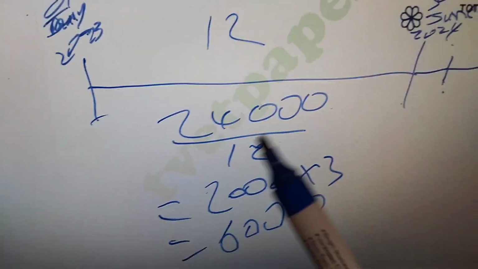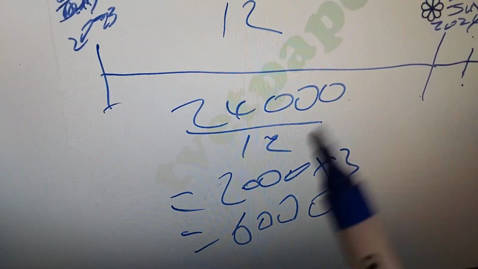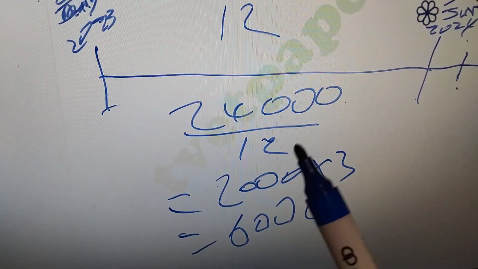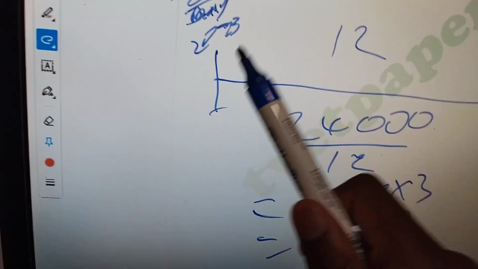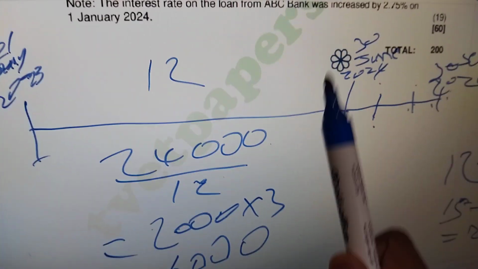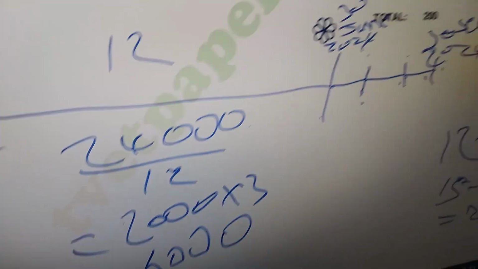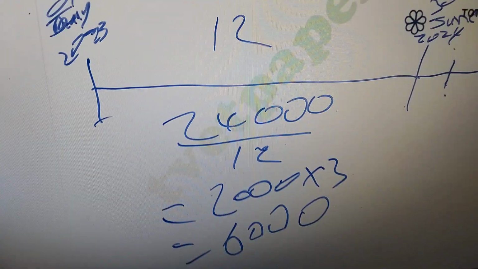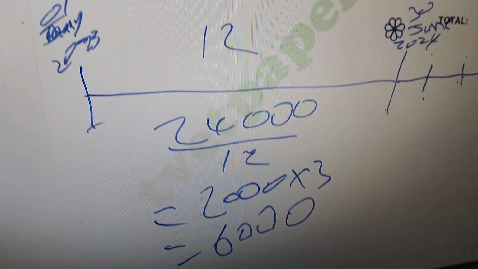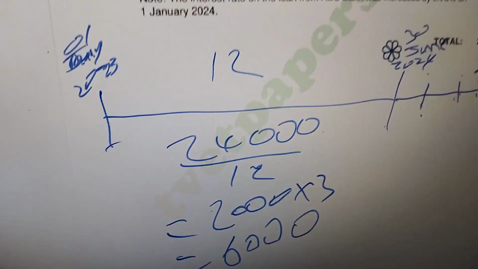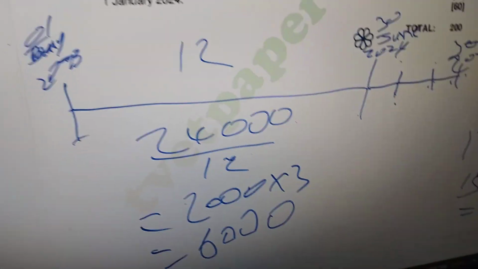So 24,000 divided by 12 gives us 2,000, which is per month. So we're going to less this 6,000 from the amount that we got on our trial balance.